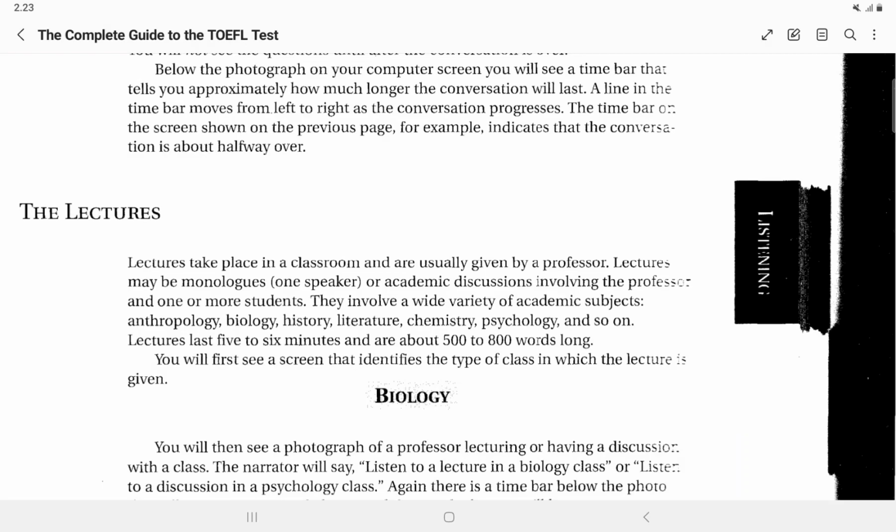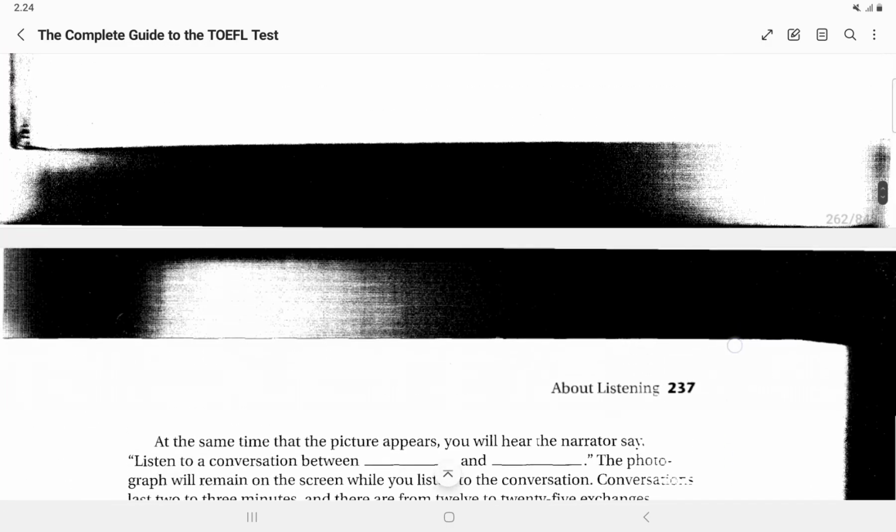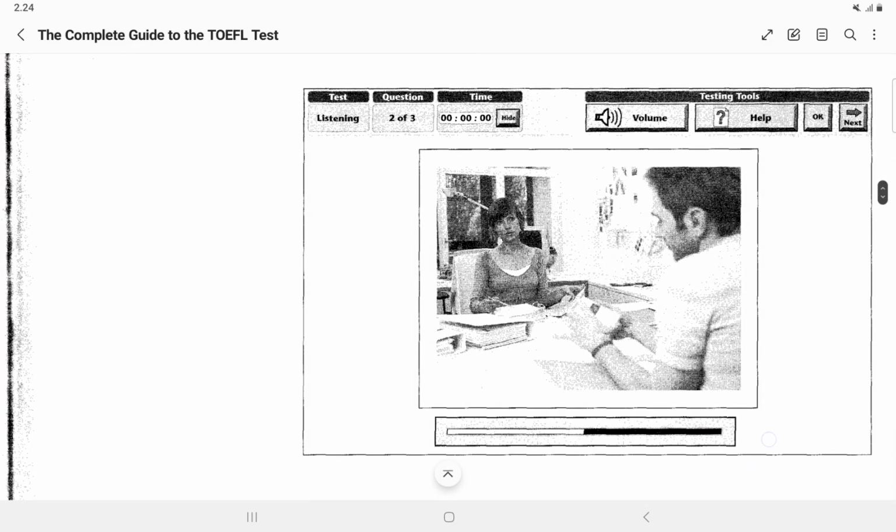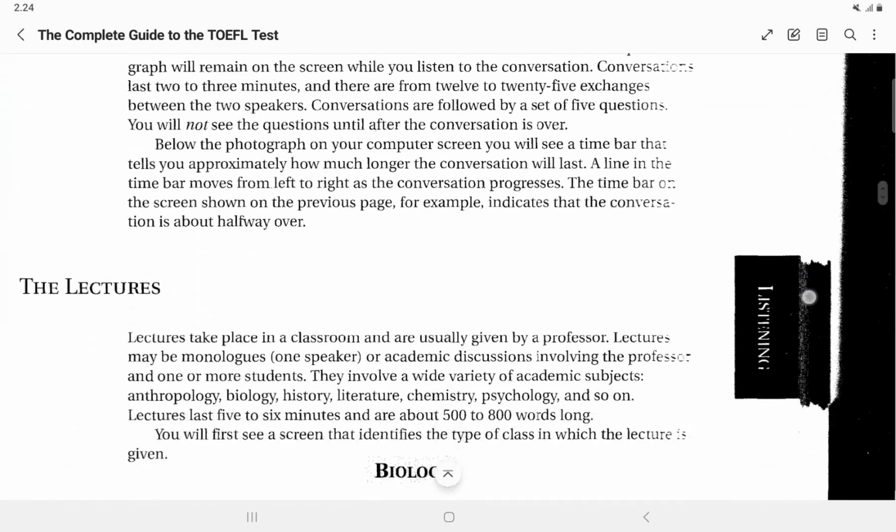A line in the time bar moves from left to right as the conversation progresses. The time bar on the screen shown on the previous page, for example, indicates that the conversation is about halfway over.